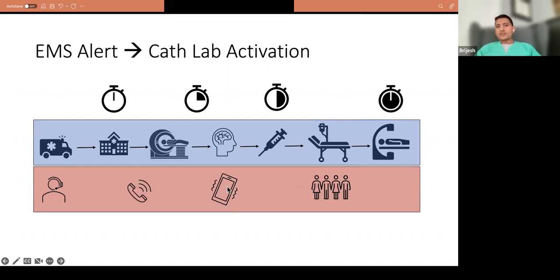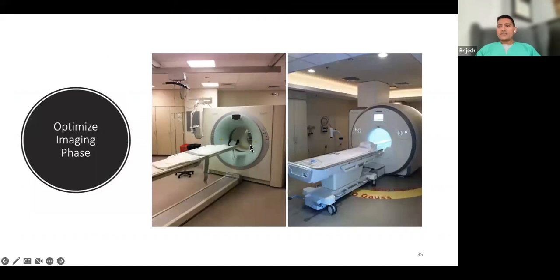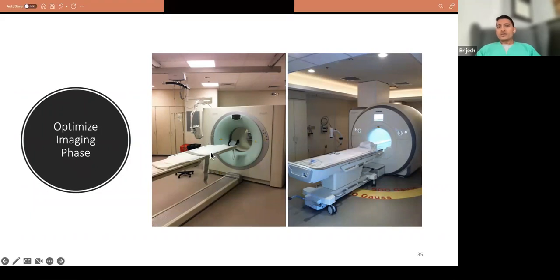So this is the progression of our team. In the red lines here, communication is key among our team members, and then converging in the cath lab to begin the treatment. And so this is a CT scanner where we all meet up. This is our stroke hub in the ER. So the CT and sometimes the MRI, but the majority of the time, it's only a CT arteriogram.